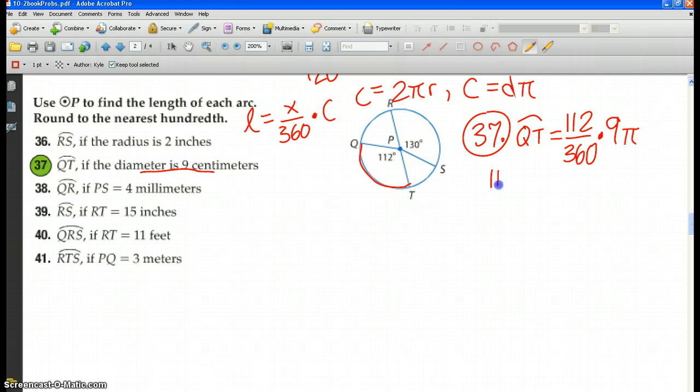So I would just take 112, divide that by 360, and multiply by 9 pi. To the nearest hundredth, we would have approximately 8.80 centimeters.